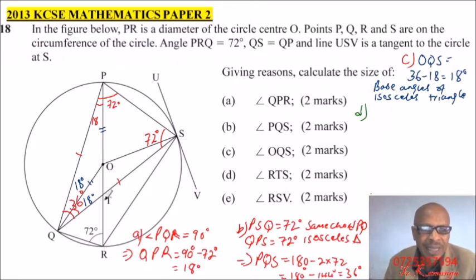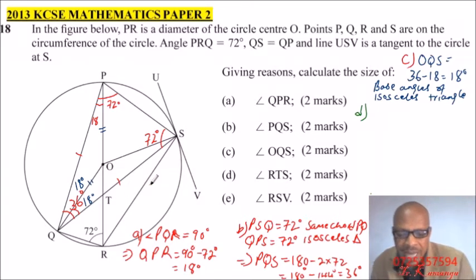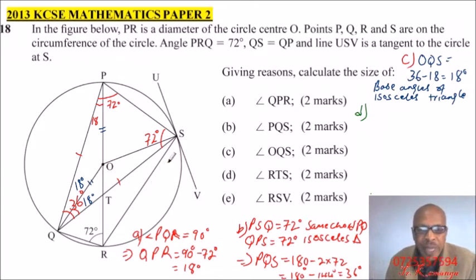Where is RTS? With RTS, we know PRS is the same as that, is 36 degrees. Why? Because PS subtends this angle, that is PQS, and the same. So angles subtended by the same chord are equal.